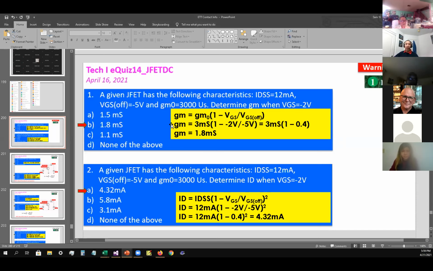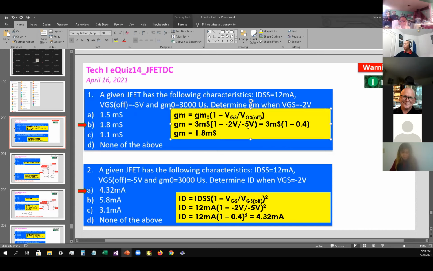You just apply the formula: gm equals gm0 times the quantity 1 minus VGS divided by VGS(off), and we substitute in those values. We know gm0 is 3000 microsiemens, so I converted it to millisiemens, therefore 3 millisiemens.